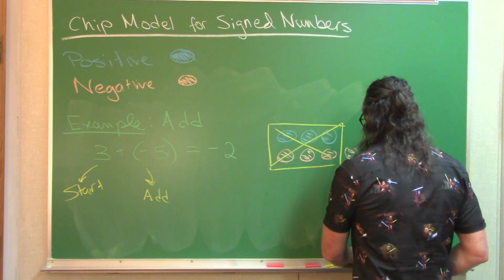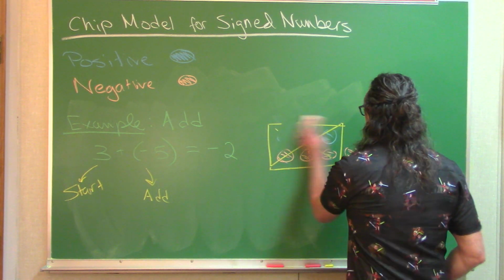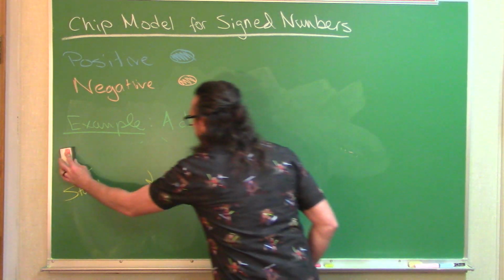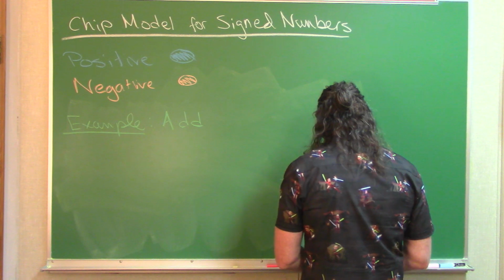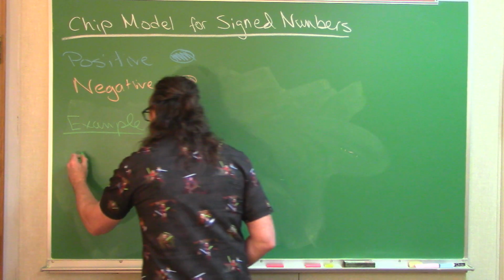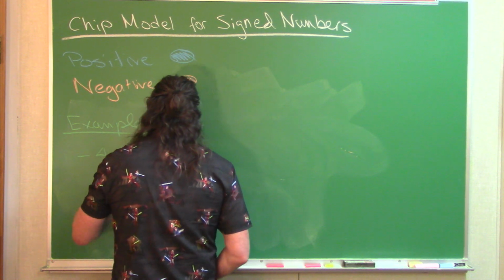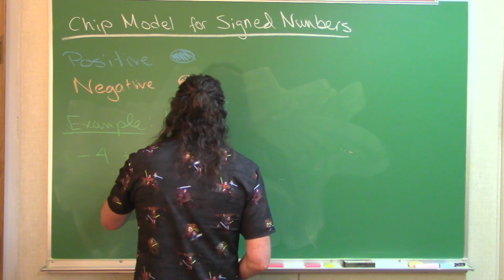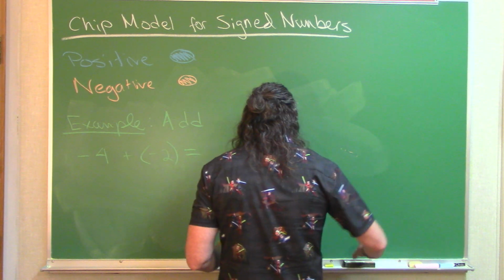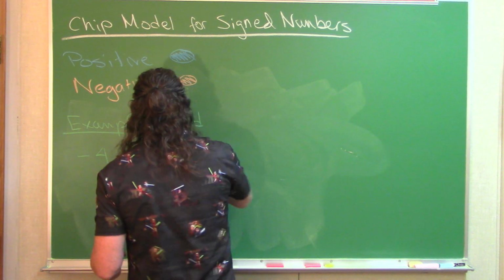Let's do another example. Once again, we'll do one with mixed signs. Let's do negative 4 plus negative 2, okay? No, I said I wanted to do one with different signs.